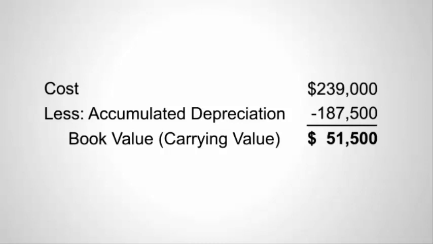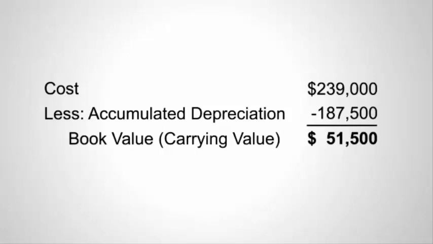And so the book value then, the $51,500, the net of the cost minus the accumulated depreciation, is called the book value. And maybe the accountants are starting to use the word carrying value. So the carrying value or the book value of this company's fixed assets, the property, plant, and equipment, is $51,500.